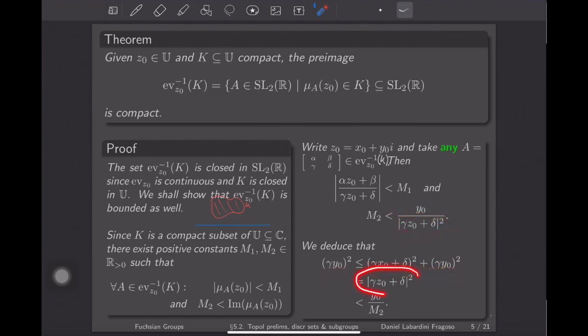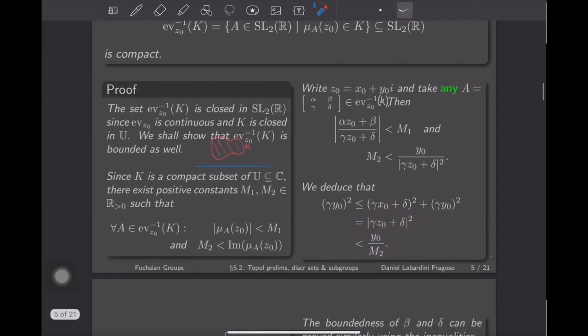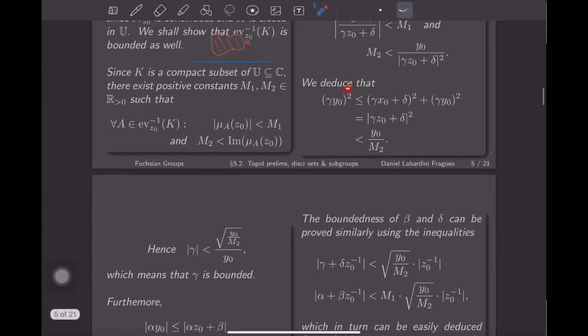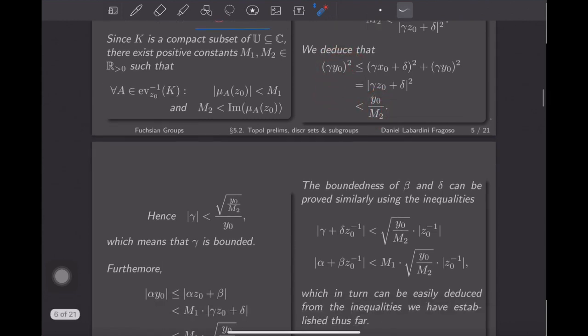So from this inequality, I can move this to the left and this to the right, and so I obtain that this is strictly less than this quotient. And the point is that here everything is constant, and here gamma is easy to solve for. So I solve for gamma, and what I obtain is that gamma is really bounded by this constant.